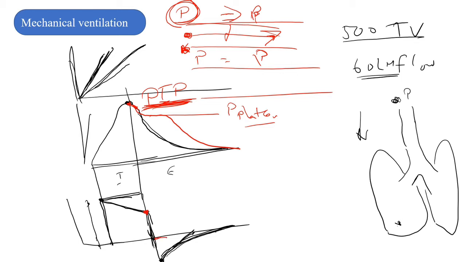So it should be represented here by a period of no flow, and then the expiration will start. As there is no flow, the proximal airway pressure equals the alveolar pressure. So the plateau pressure can represent the alveolar pressure.